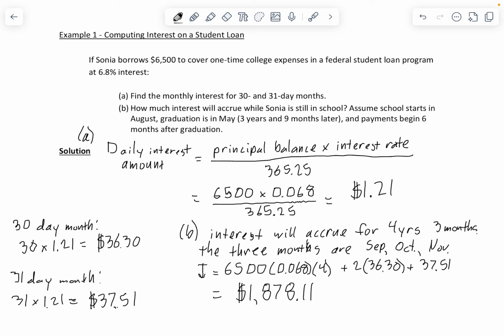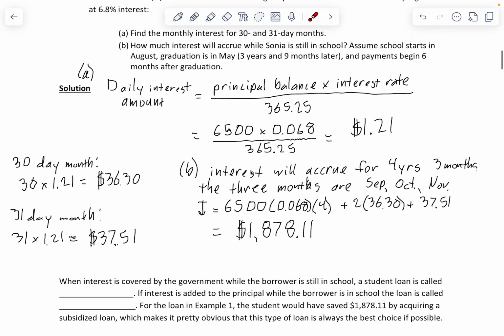So when she starts making her loan payments, this is the amount of interest that will have already accrued at that time. Now, there are some loans where interest is covered by the government while the borrower is still in school. This type of student loan is called a subsidized loan.